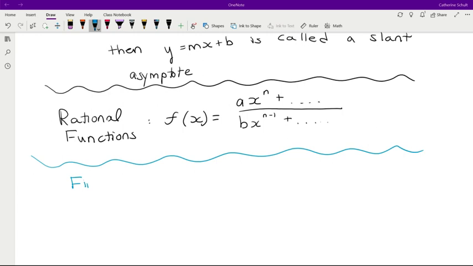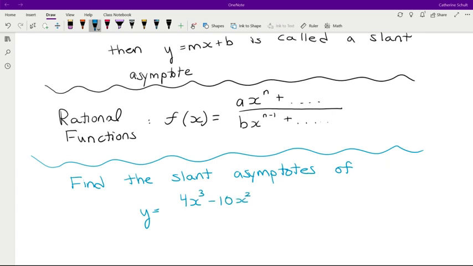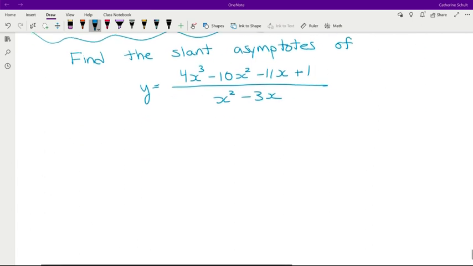And we're going to find the slant asymptote of this rational function. Okay. So the technique we're going to use is actually something really similar to what we used in pre-calculus.